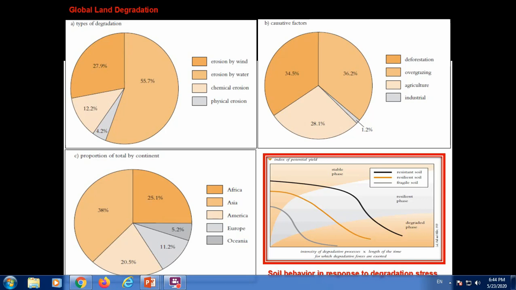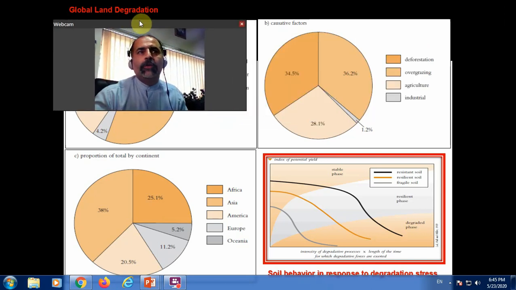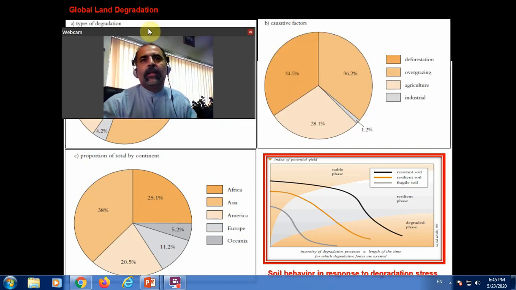It has been distributed throughout the globe in different continents from Africa to Oceania, although with different percentages of distribution. And we know there are many different causes behind it, like deforestation, overgrazing, agriculture, and industry.